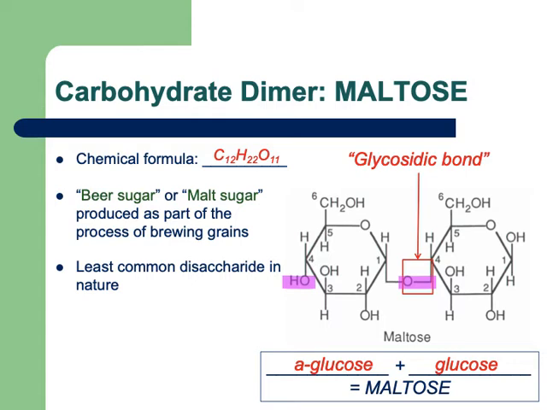So in this case, this molecule is maltose because we have two glucose molecules interacting together. Again, they're formed through a condensation reaction where we are removing water, and now we have a bond between the two molecules sharing an oxygen, and this is known as the glycosidic bond.